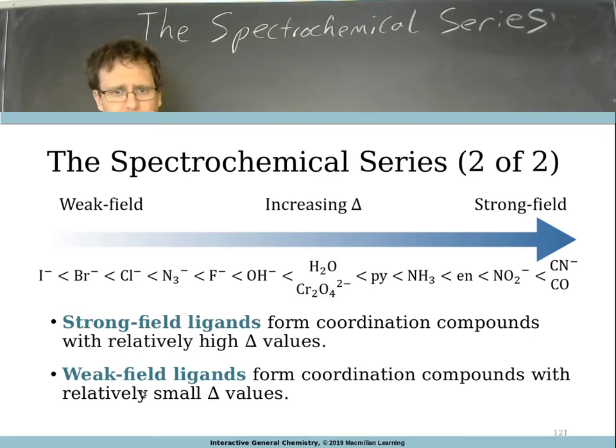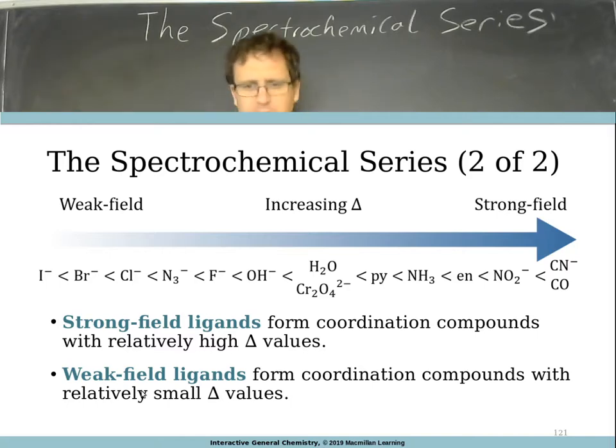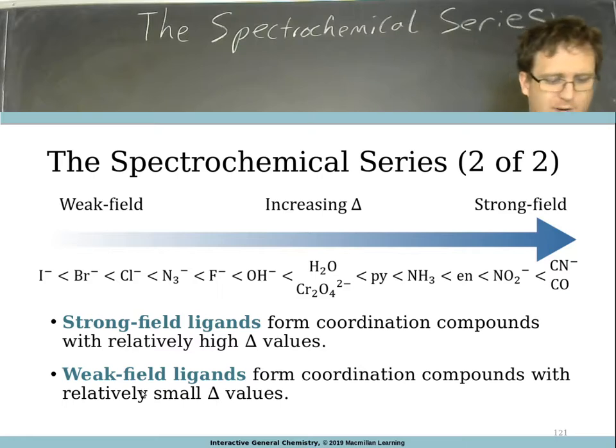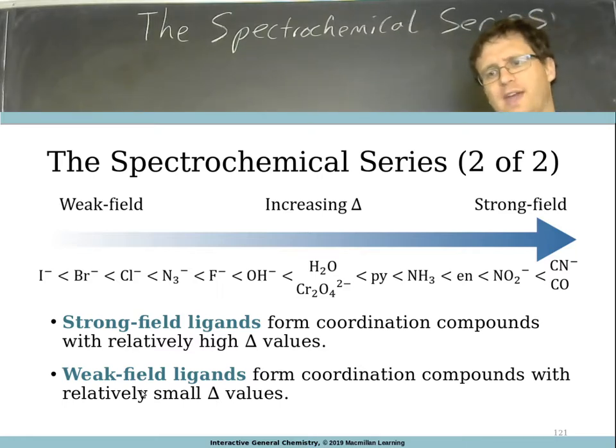These are ligands which will cause small splittings in the d orbitals energy levels and lead to high spin coordination compounds and complex ions. And then over here, you've got things like cyano and carbonyl. They're going to cause big splittings in the d orbitals that will lead to low spin complexes.